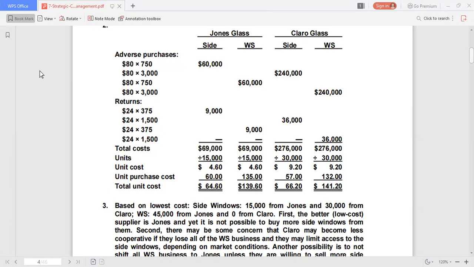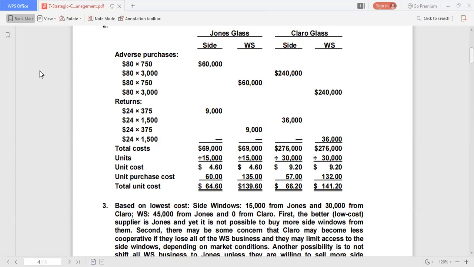So actually, the purchase of the side windows is fixed with a limit that Ventana can buy only 15,000 from Jones and 30,000 from Claro. Okay, though it can buy 45,000 from Claro, the stated purchase is only 30,000.